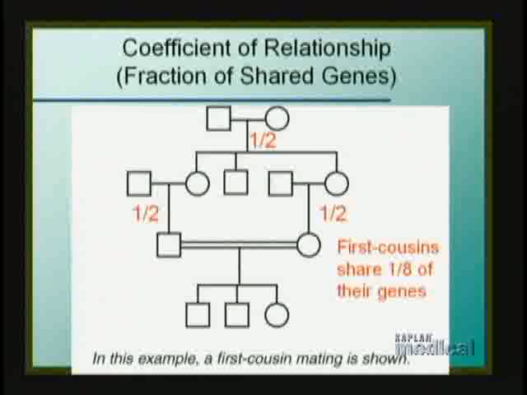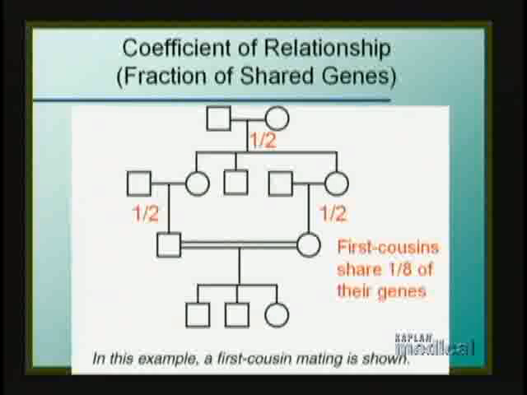So for example, in this particular pedigree, in which we have consanguinity involving two first cousins, we can determine the fraction of genes that those two first cousins share by multiplying the fraction of genes that they share at each generation. At the top of the screen, the siblings shared 1/2 of their genes, and then the male in this relationship got another 1/2 of those genes from his parents.